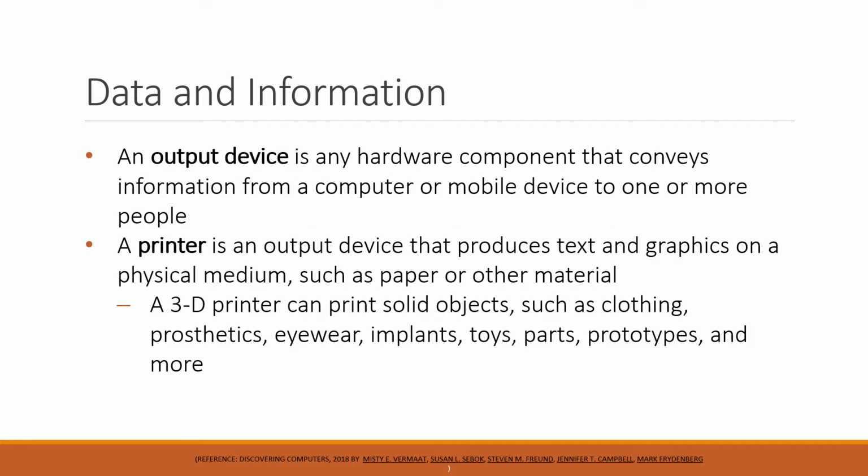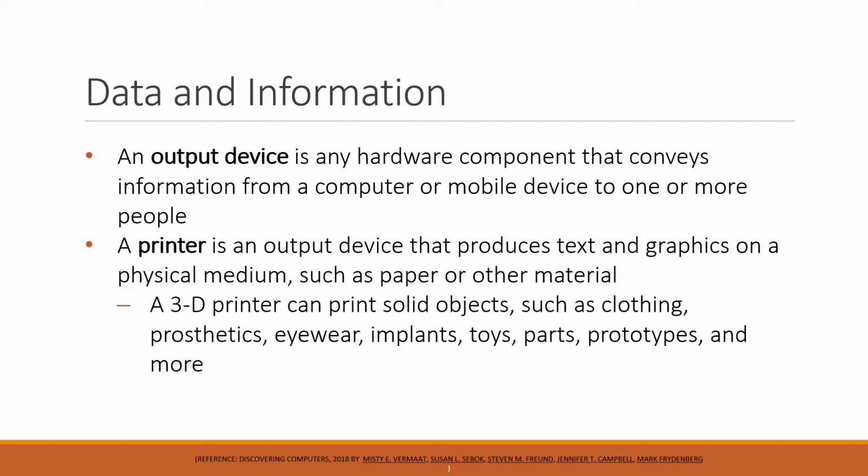And then I have here a definition of an output device. An output device in computer components, we define it as a hardware component that conveys information from a computer or mobile device to one or more people. One popular example of an output device in a computer system is the printer.